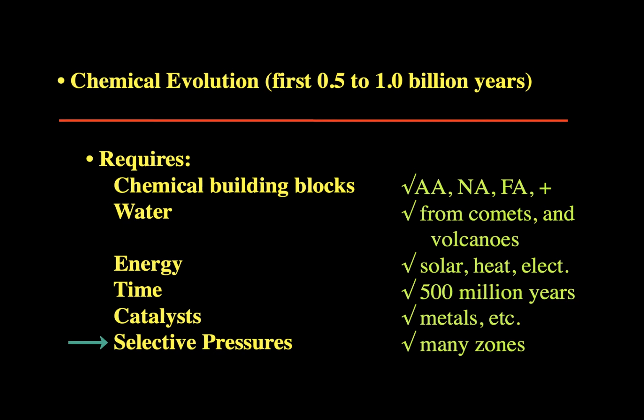But by selective pressures, I mean that there were a lot of different things going on, many different reactions, many things happening. Most of those, the vast majority, were unsuccessful at creating any sort of biological system.